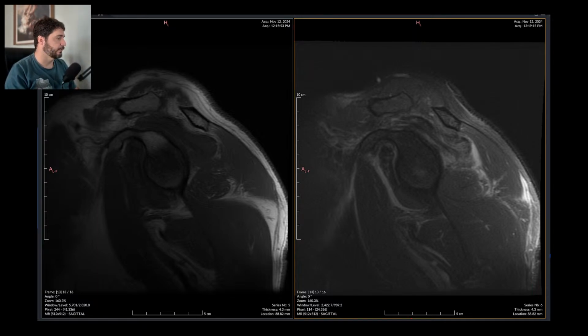Arthrosis, rupture of the subscapularis, the supraspinatus and the infraspinatus tendons, severe tenosynovitis of the long head biceps tendon, which is medially dislocated through the rupture of the subscapularis, and also bursitis, articular effusion, arthrosis, all that good stuff, hypertrophy of the rotator cuff muscles, all that good stuff.